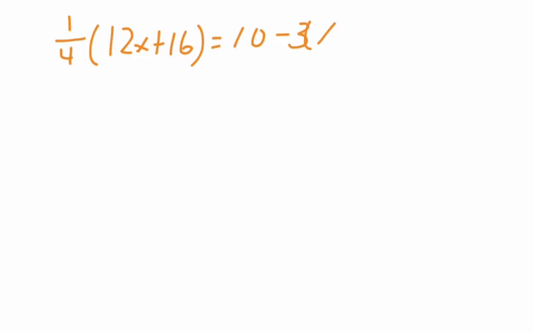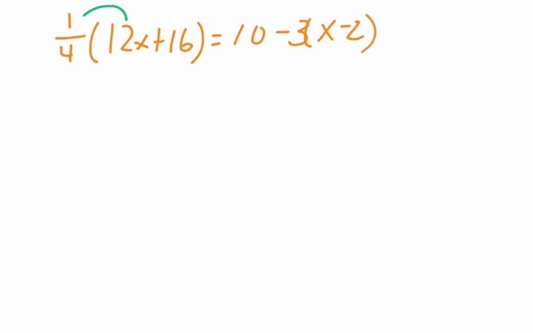All right, this one, we have 1/4 times 12x plus 16 equals 10 minus 3 times x minus 2. And so we have a little cringe fest because we have a fraction, and then we just buckle down and we do it. So let's go ahead and distribute.